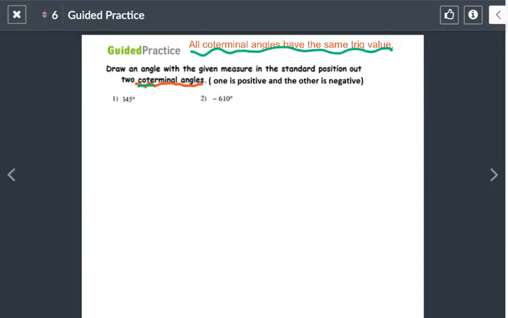Let's go to number 2, negative 610 degree. Since negative 610 degree is less than negative 360 degree, we cannot draw this angle directly. We need to add 360 first. You will get negative 250 degree.